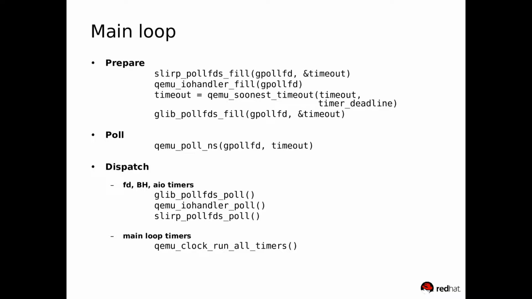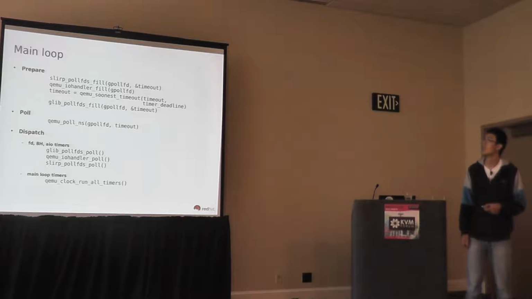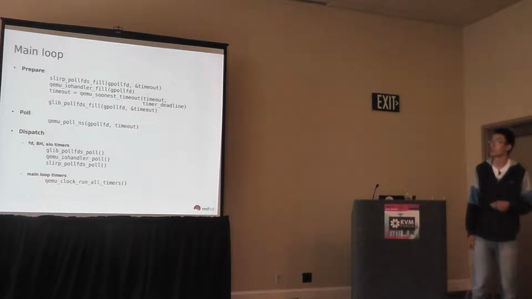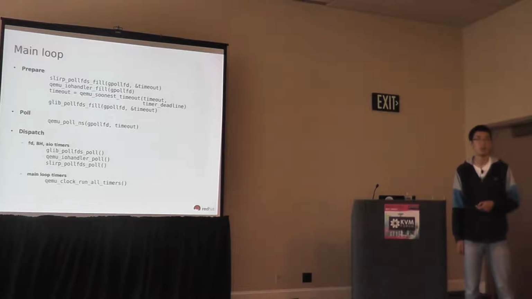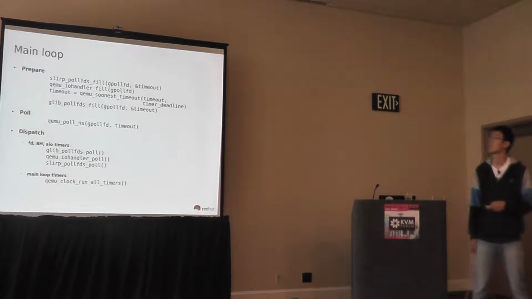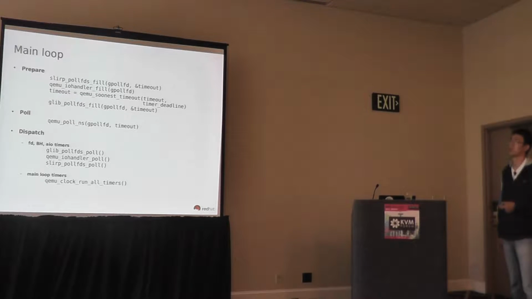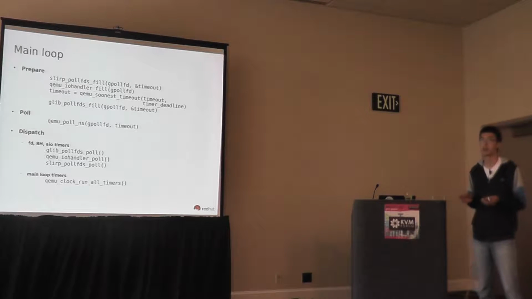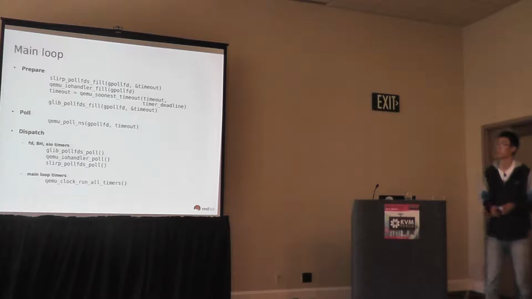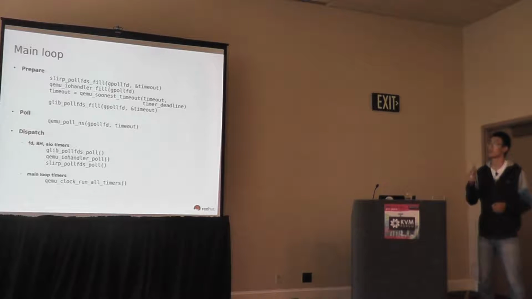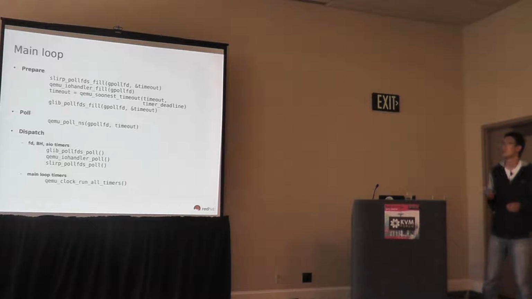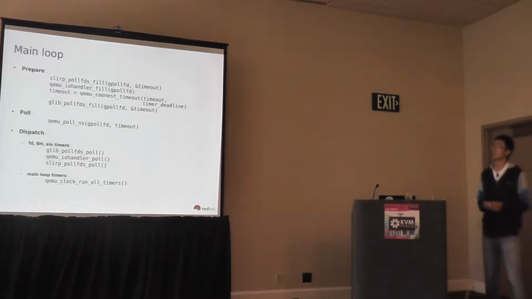So let's get a little bit more detail by listing what is actually there in each step. The first one is preparation. To prepare, we need to fill in an array of file descriptors, which is passed into the second step. That is what Slurp, the I/O handler, and glib poll basically do. The other thing they do is timeout.